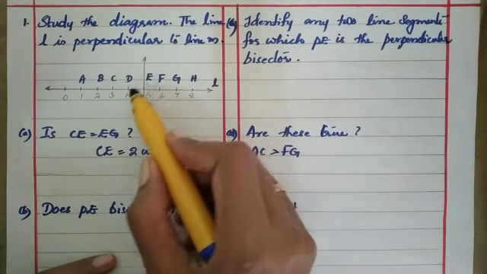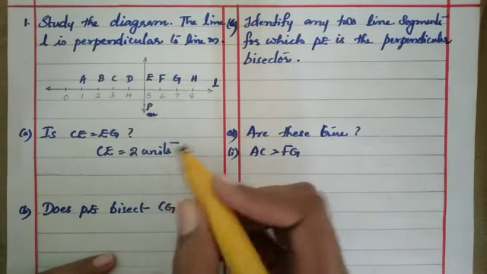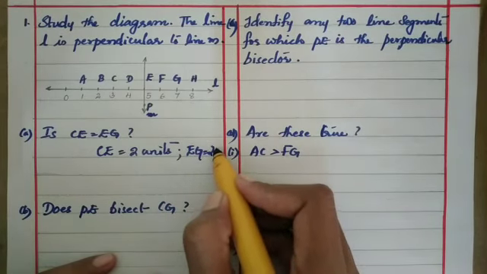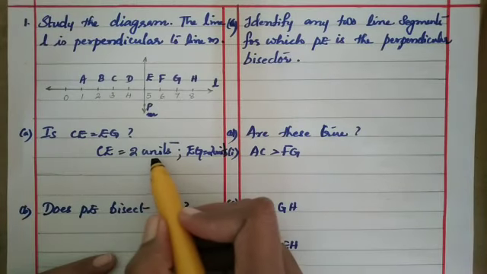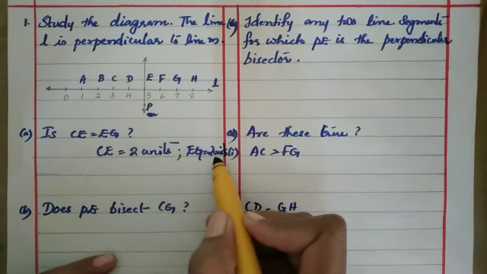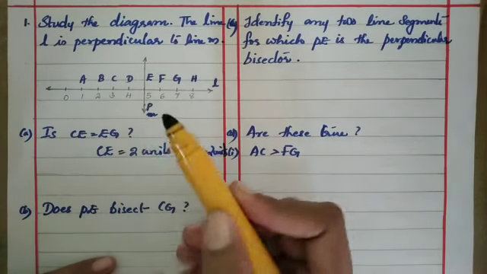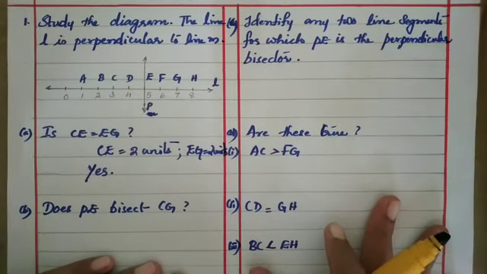Like that, E to F is 1 unit, E to G is 2 units. EG equals 2 units. CE equals 2 units, EG equals 2 units. Is CE equal to EG? Yes, the answer is yes. Hope all of you understood.